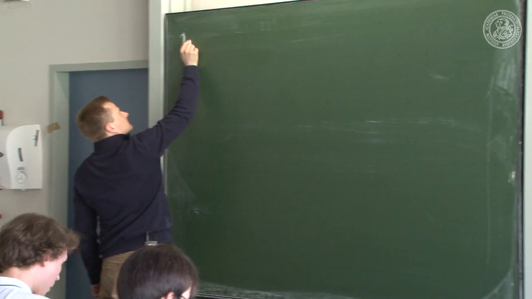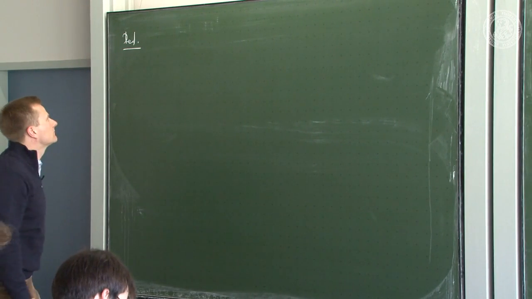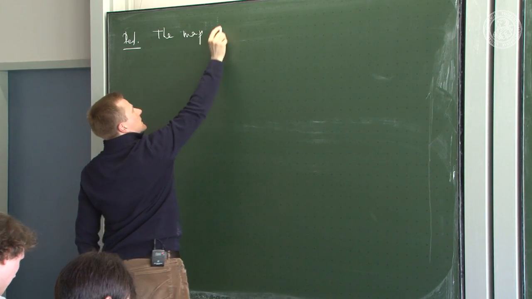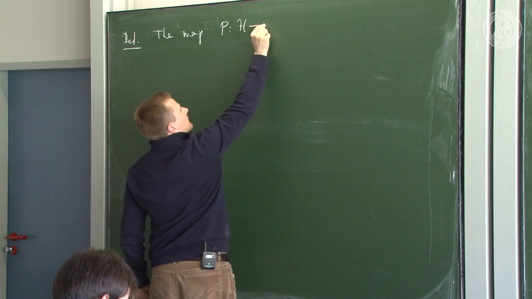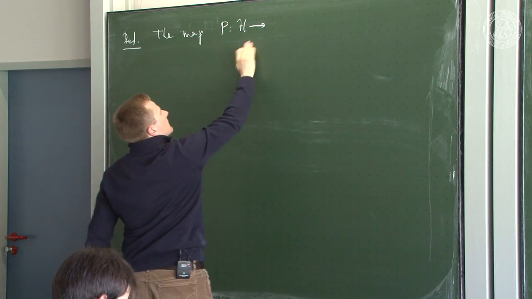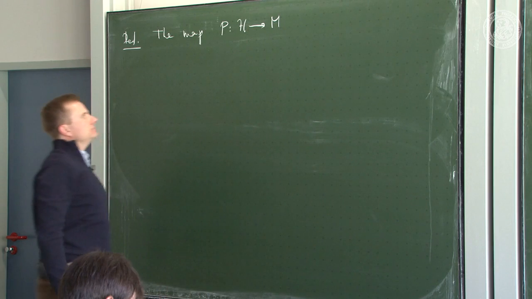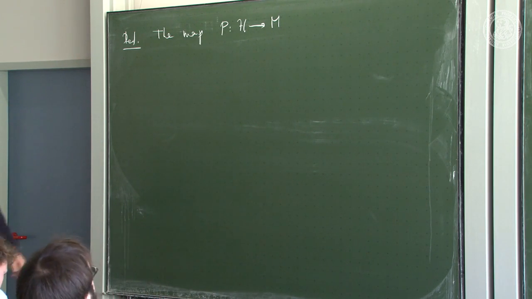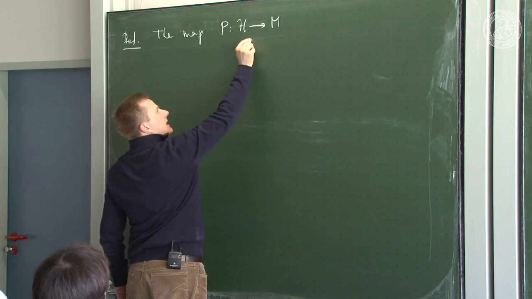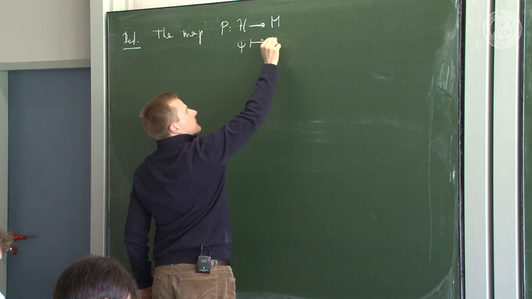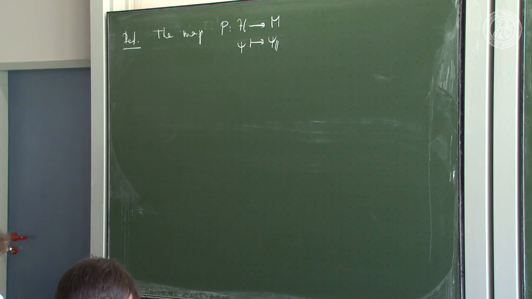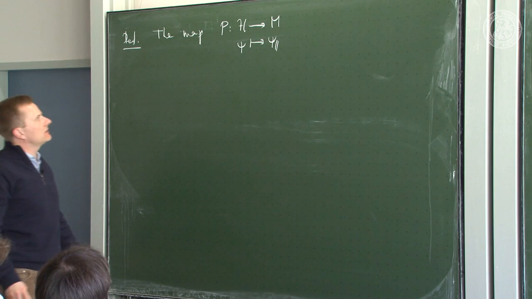So definition. The map P taking H down to M that sends psi to psi parallel, where the psi parallel is defined by the set M here.